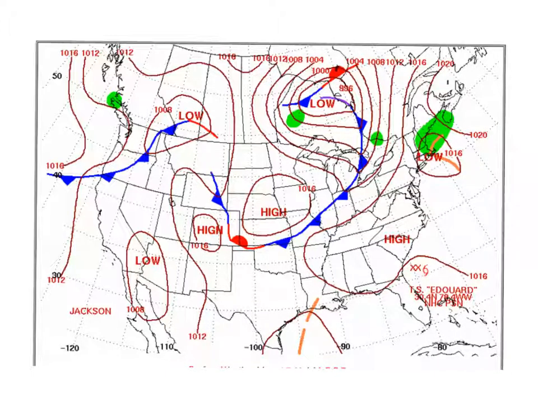Fronts are caused by air masses. An air mass is a huge body of air that has similar temperature, humidity, and air pressure. A continental air mass is on land. There are two continental air masses, one tropical and one polar. Tropical air masses bring warm air and polar air masses bring cold air.